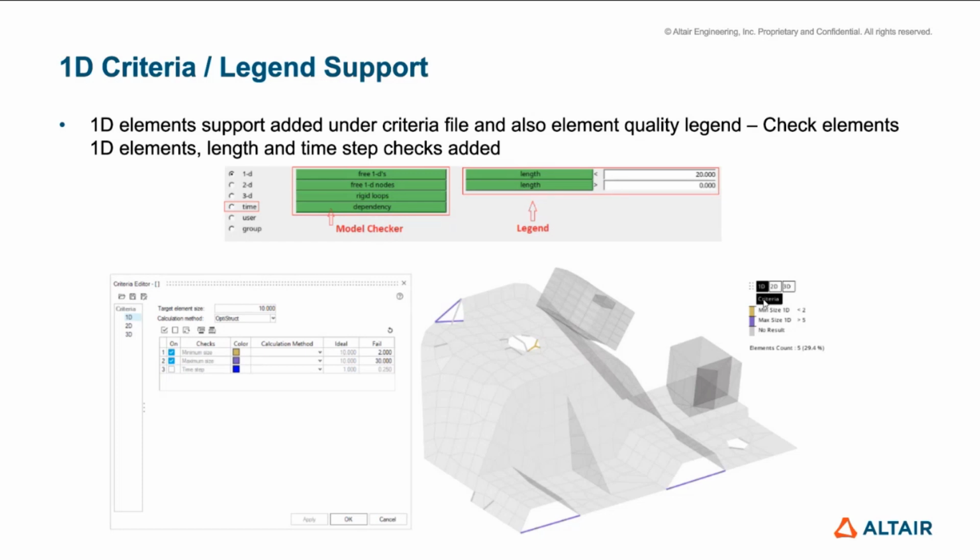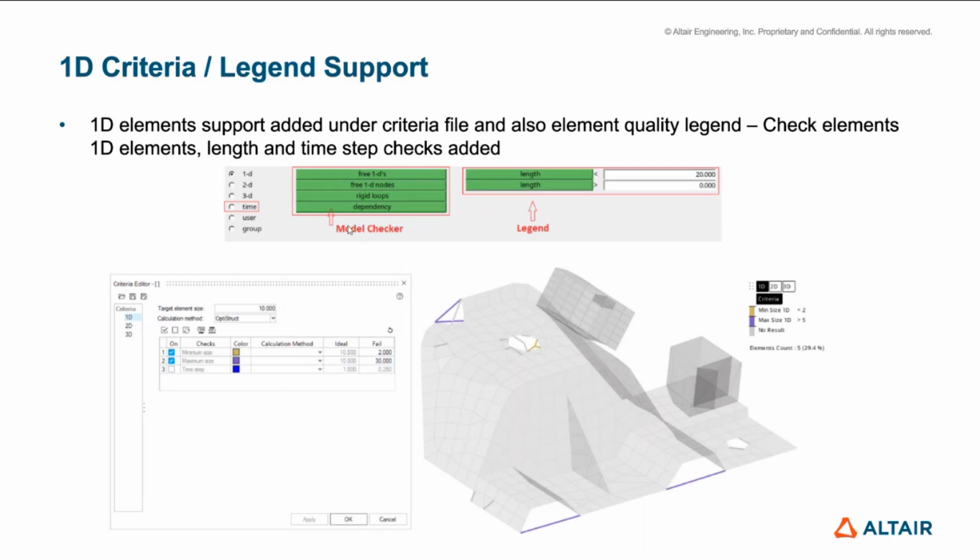Based on the selection, it will have criteria and QI range, for 2D, for example. For 1D, you can see that we support the size, like minimum and maximum size and time step, which is what it was before. It's been default off since it's usually taken care of or relevant in the crash profile.